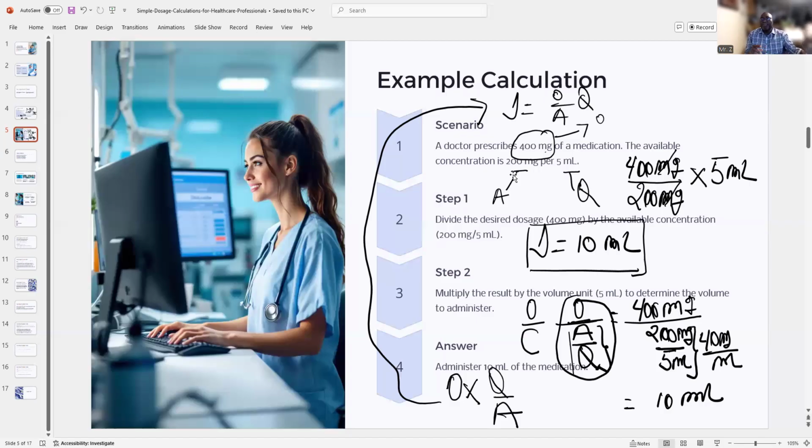The doctor prescribed the medication in milligram, but what you have in your hand is a concentration, a liquid medication, which is some kind of milligram dissolved in some kind of fluid. But how can you figure out what will be the quantity that will give to my patient? Well, as I said earlier, you will have your order, what the doctor prescribed, multiply that by the quantity, divided by what is available.